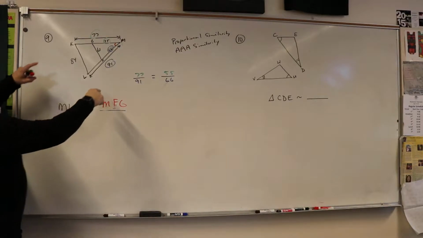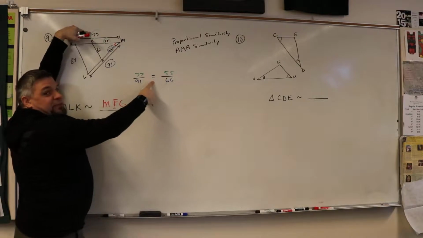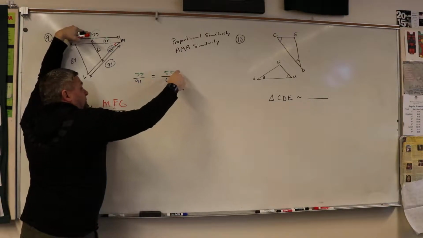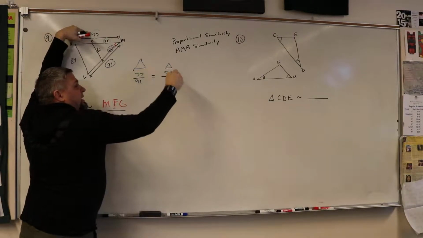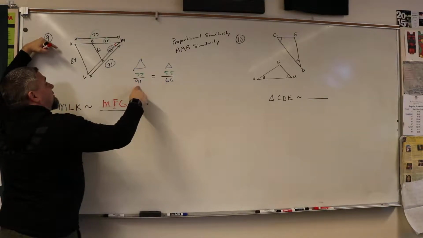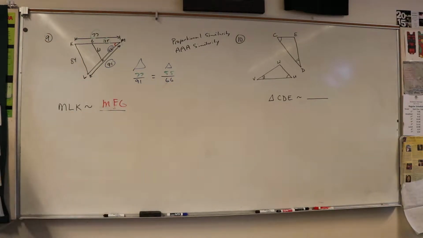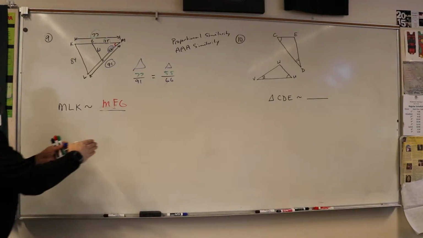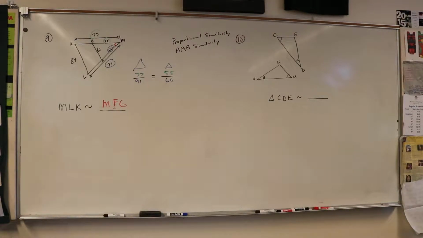So the little side of the big triangle equals the little side of the little triangle, as the big side on the big triangle is to the big side on the little triangle. Those should be equal. If those are equal, we're good. If they're not equal, it's not similar.